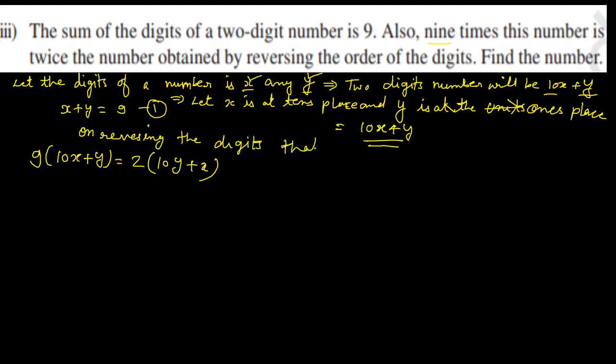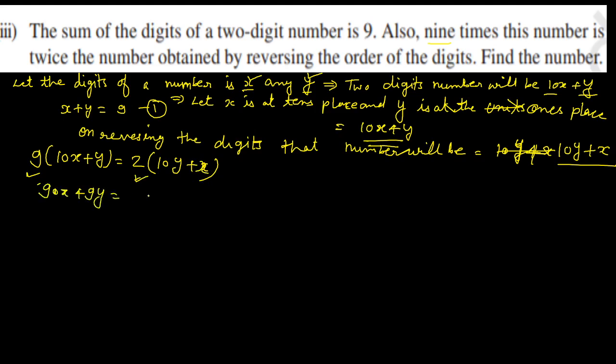That number will be 10y plus x. So 9 times the number will be 2 times the number obtained by reversing it. That is the relation between these two. Now 90x plus 9y is equal to 20y plus 2x.